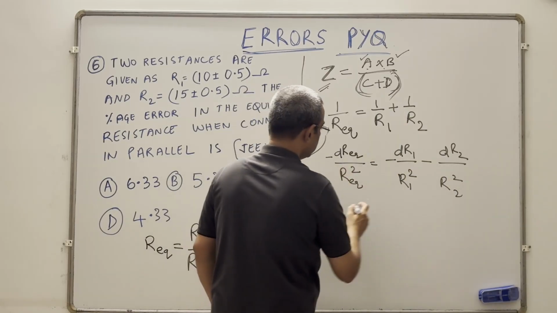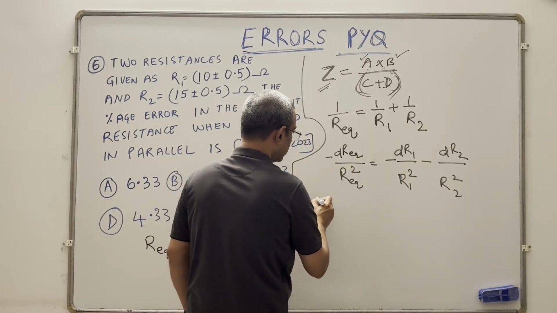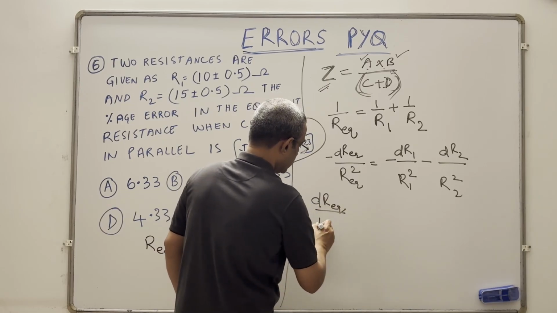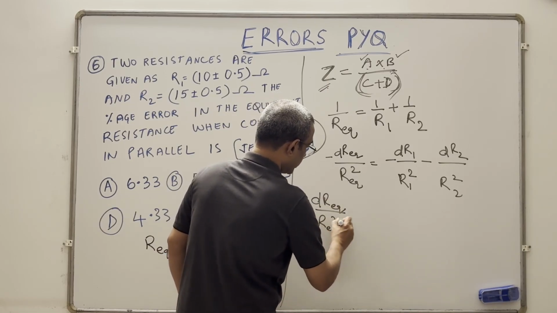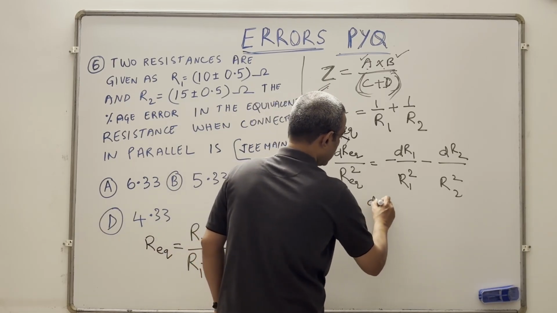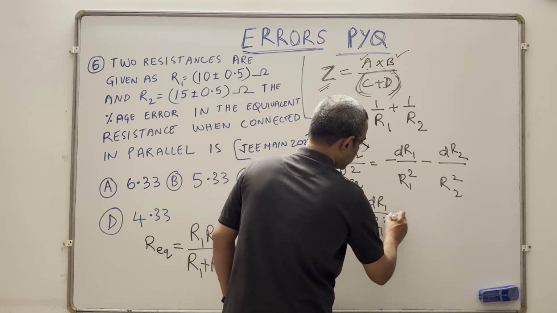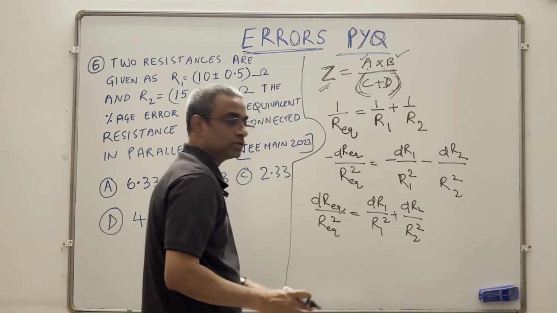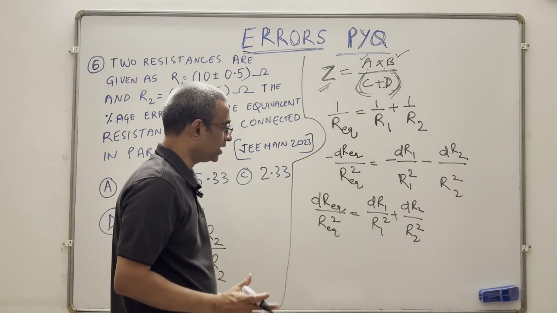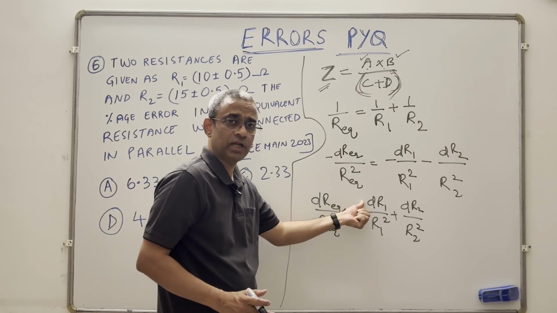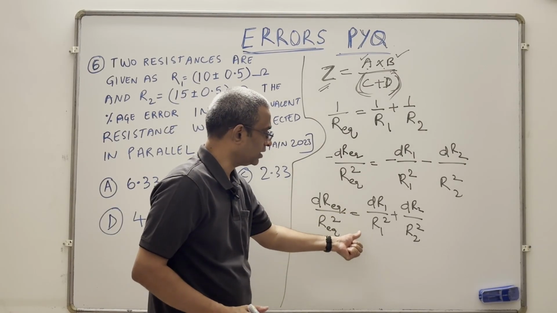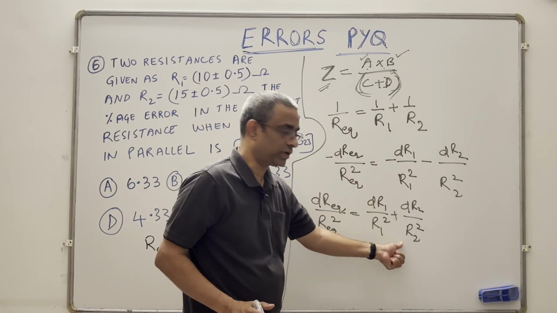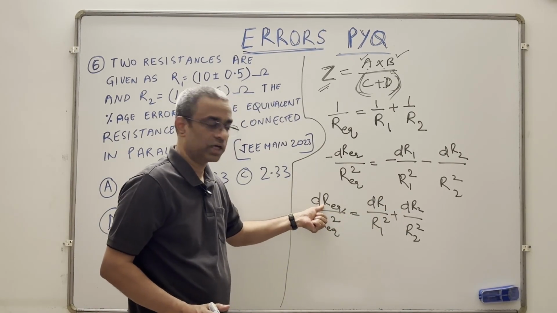And since minus is everywhere, we can take it common and we get dR equivalent by R equivalent square is equal to dR1 by R1 square plus dR2 by R2 square. So what calculus has beautifully done is, a small variation in R1 by R1 square plus a small variation in R2 by R2 square gives a small variation in R equivalent by this one.